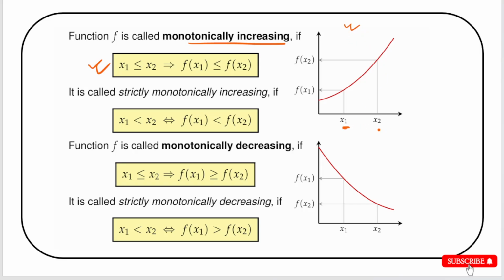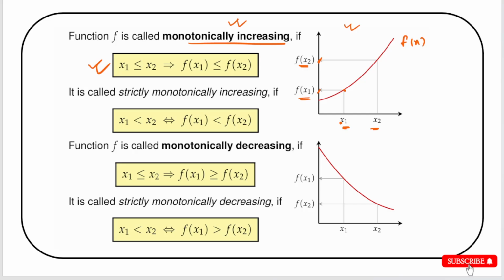Here you see that x1 is strictly less than x2. And if you draw the functional value, this is the functional value corresponding to x1 and this is the functional value corresponding to x2. You can clearly see that f(x1) is less than f(x2). So this condition is holding perfectly. So here this f is called monotonically increasing function.